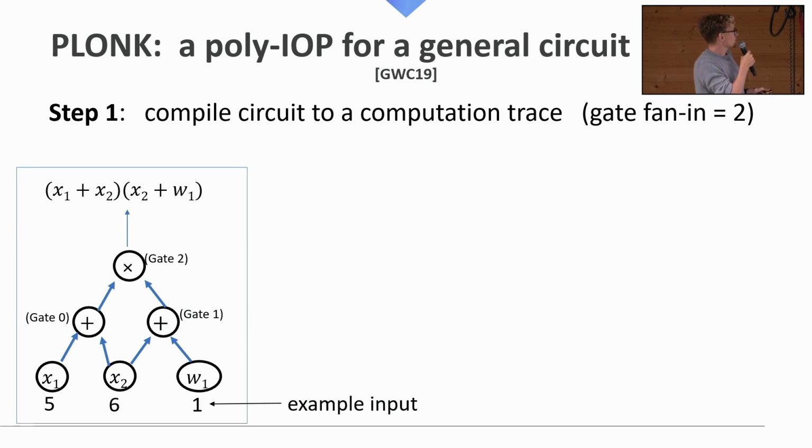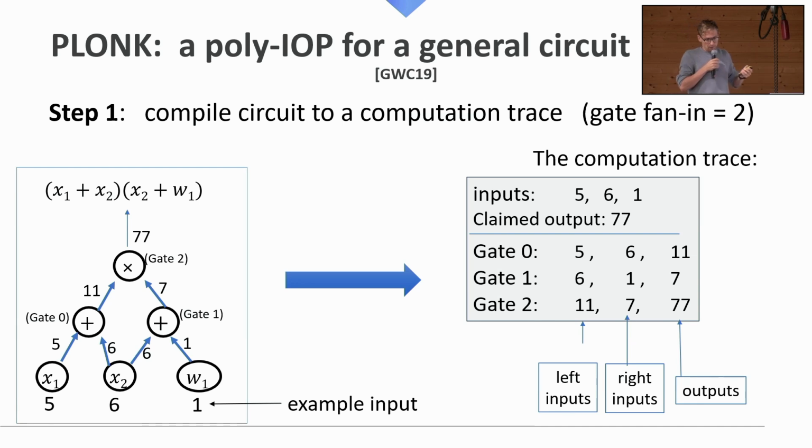If we have some inputs, so 5, 6, and 1, then we can simply evaluate the circuit by going down the wires. So, for example, this last wire is 11 times 7, which is 77. And then the circuit would basically prove that there exists a private input such that this output evaluates to 77.